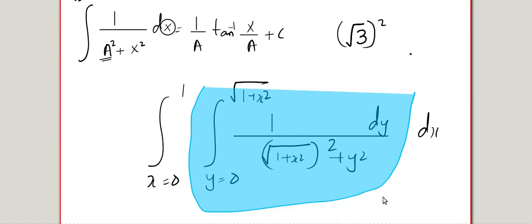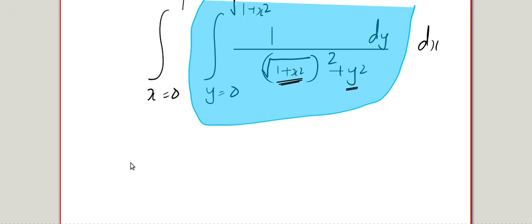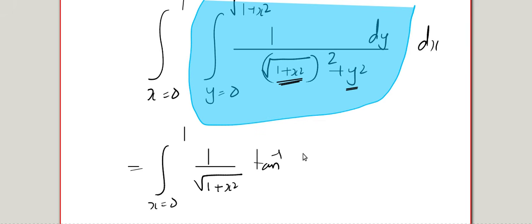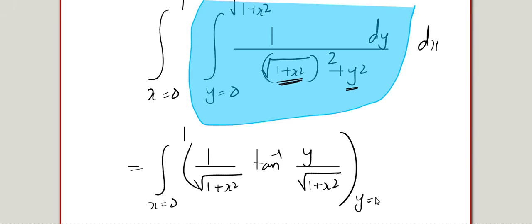Now look at this, it looks exactly like the above formula, 1 by constant squared plus variable squared. So that's it. So we apply the formula, we get 1 by a tan inverse y by a within the limits y is equal to 0 to root under 1 plus x square dx.